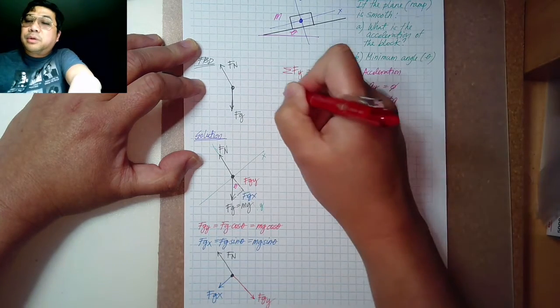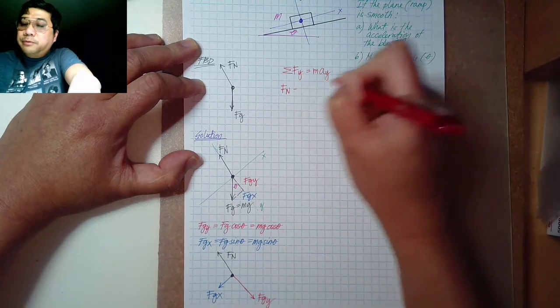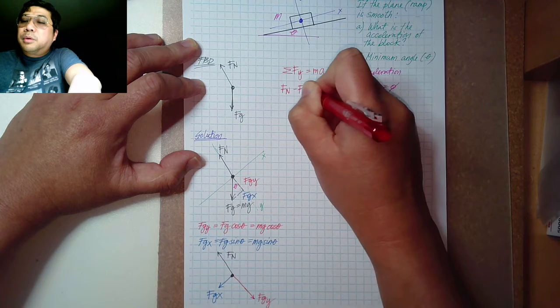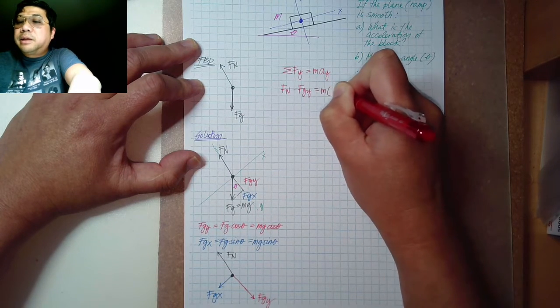Summation of forces along the y-axis, where positive is upward and downward is negative. We can say that the normal force minus Fgy, the component of force of gravity along the y-axis, equals mass multiplied by the acceleration 0.